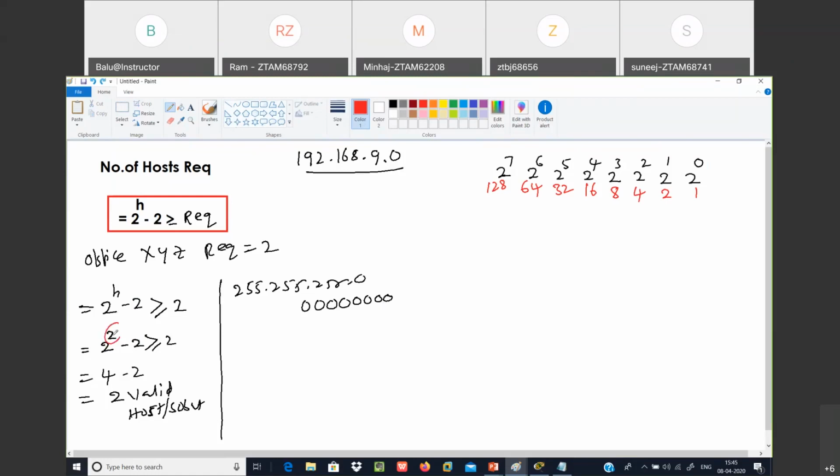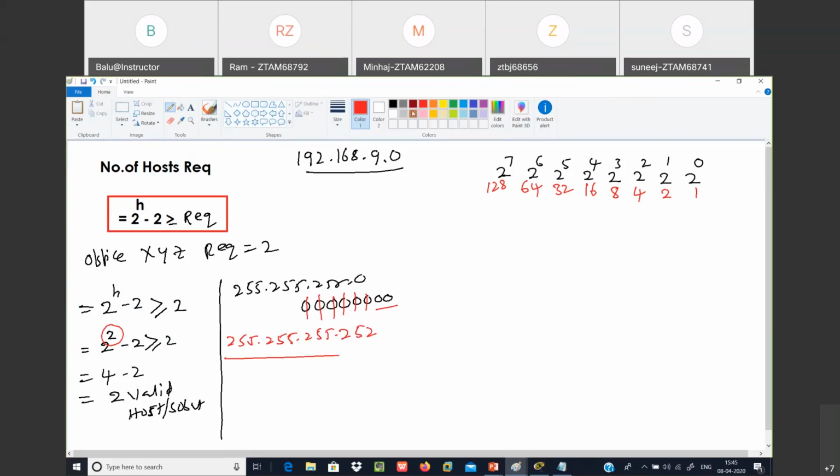Convert 1, 2, 3, 4, 5, 6. That 6 means 128 plus 64, 32, 16, 8 plus 4. How much is the value here? So 255.255.255.252 is the customized subnet mask.